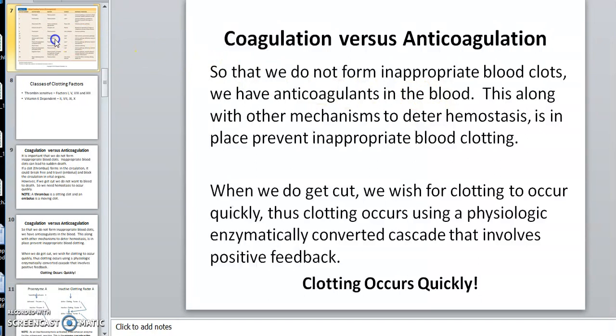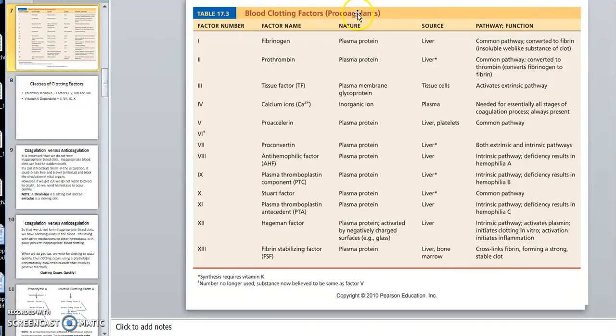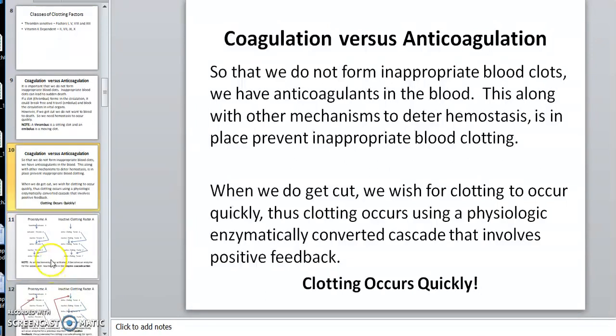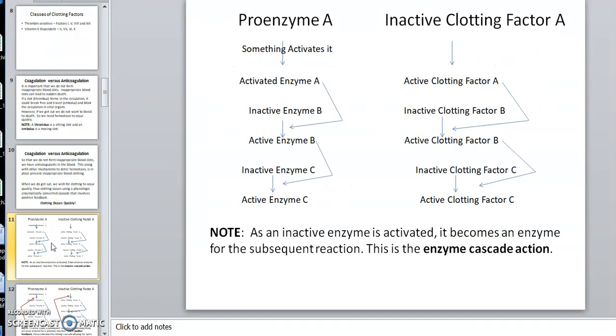The nemesis to procoagulants are anticoagulants floating in the blood. This, along with other mechanisms of homeostasis, is in place to prevent inappropriate blood clotting. When we do get cut, we wish for our clotting to occur quickly. Thus, clotting occurs using a physiologic, enzymatically converted cascade that involves positive feedback.